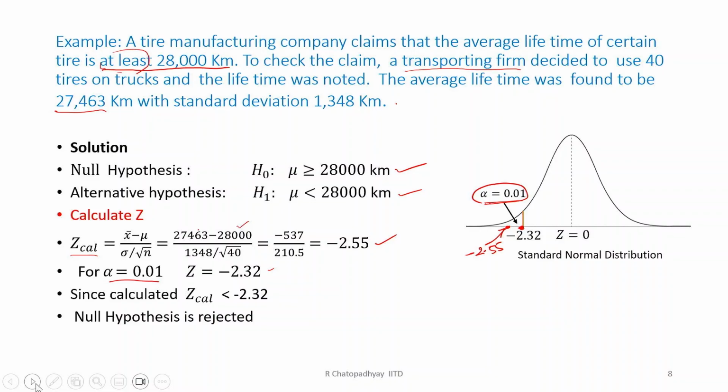Our test shows that it cannot be so much. So our decision is not to buy it, or if they want to give it to us, then the price has to be negotiated further. That kind of decision the management can then take.